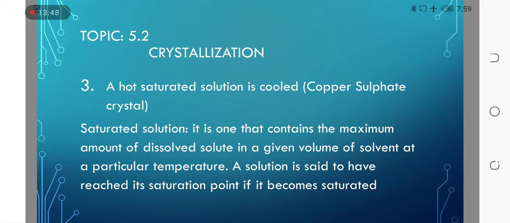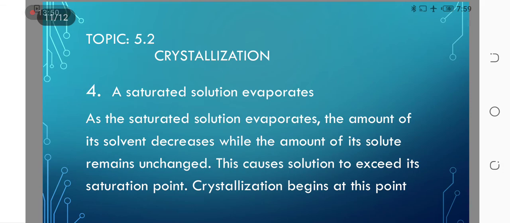Okay, now come to the next process by which we can obtain crystals: a saturated solution evaporates. This is also a method by which we can easily form different types of crystals.